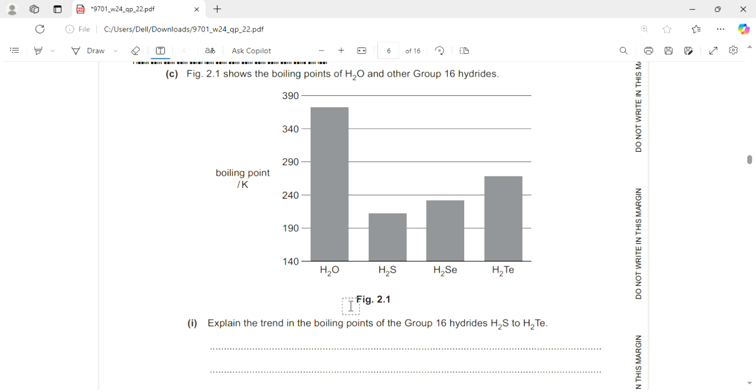From H2S to H2Te, they have greater number of electrons.